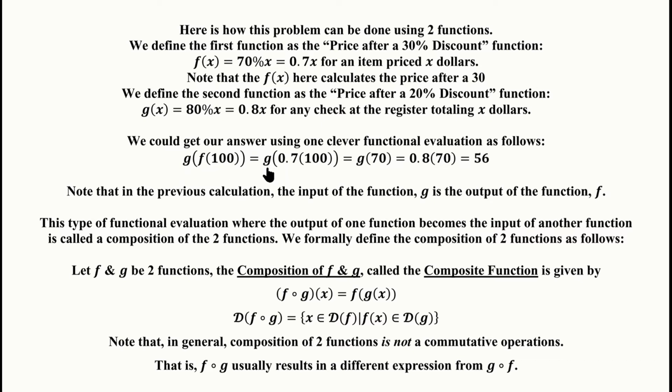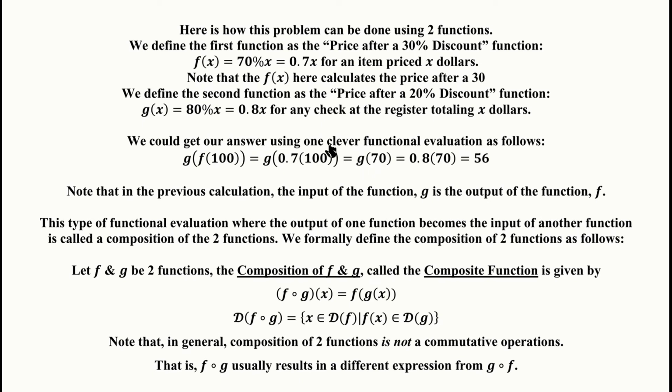So notice this just means g of, what is f of 100? f of 100, you're going to plug in 100 here. So you get 0.7 times 100. That's where this comes from. And of course, 0.7 times 100 is just 70. So you're now going to compute the g function, the 20% discount function, for that number, which was the output of the original function f.